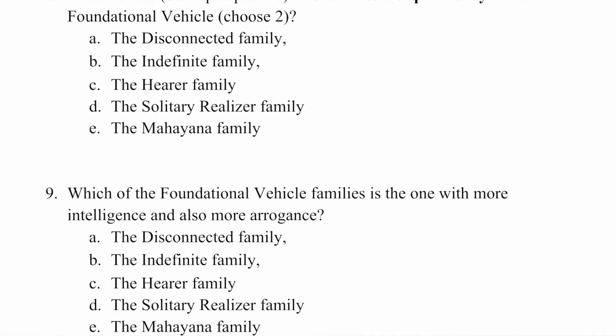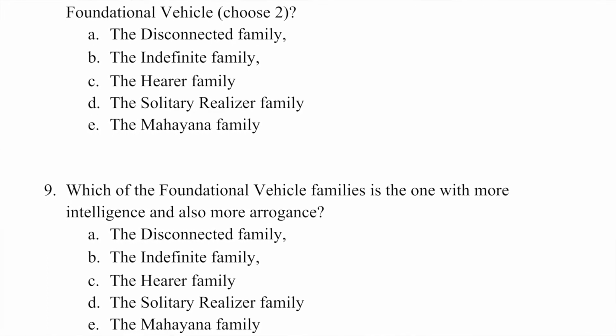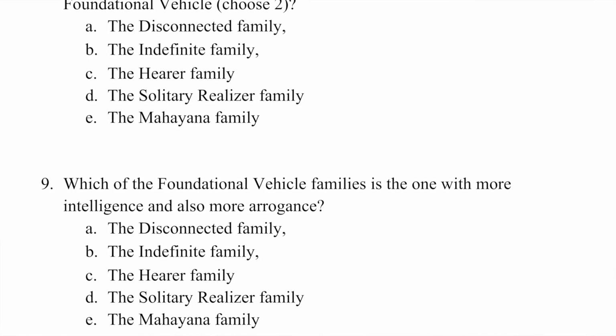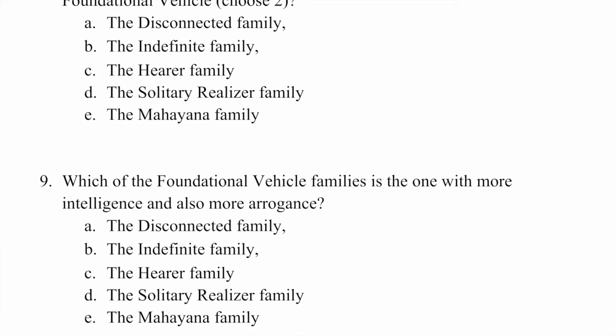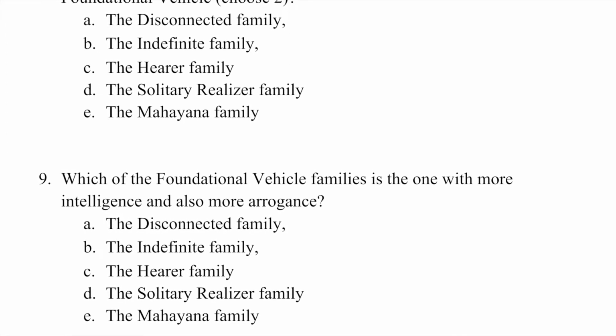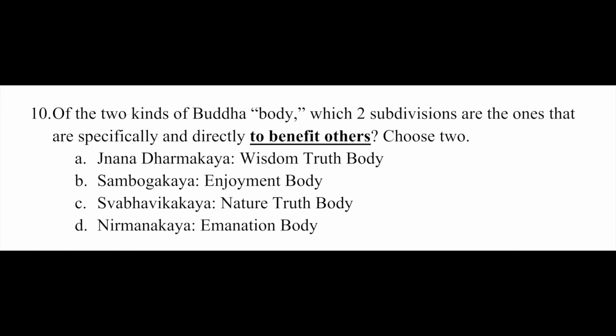Which of the foundational vehicle families is the one with more intelligence and also more arrogance? And the last question, of the 2 kinds of Buddha body, which 2 subdivisions are the ones that are specifically and directly to benefit others? Choose 2.